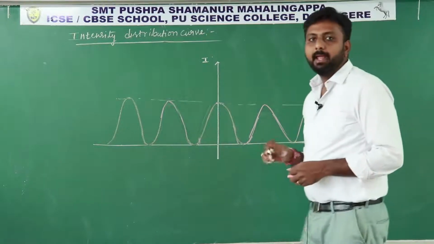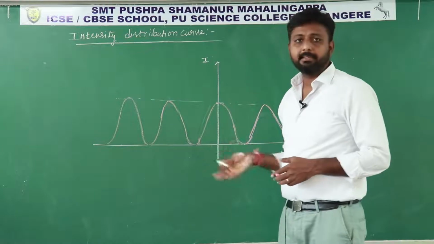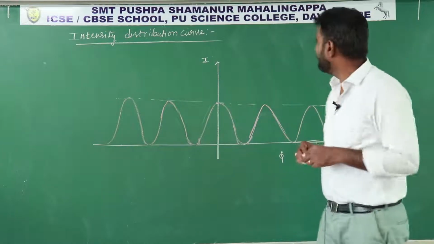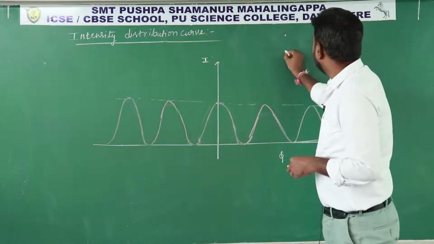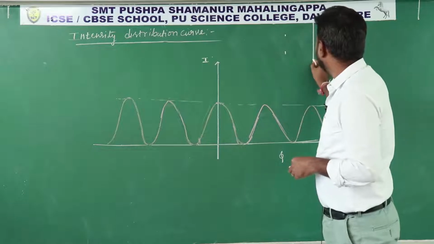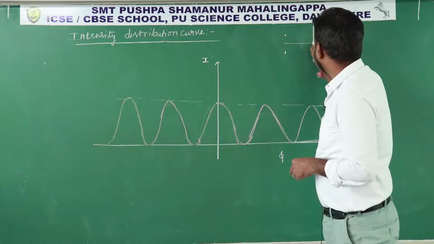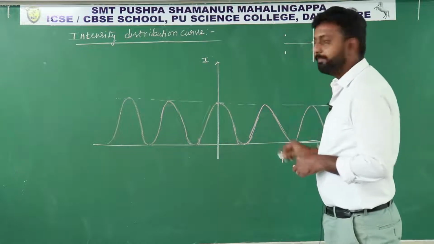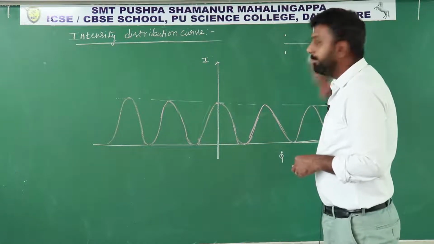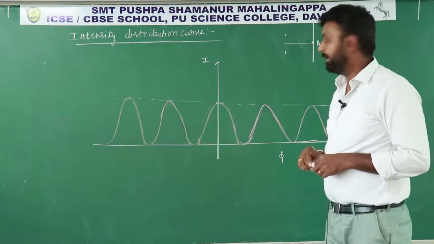So these are the two slits. Here there is a screen, this is the perpendicular bisector, and here you will get a bright fringe, that is called central maxima.